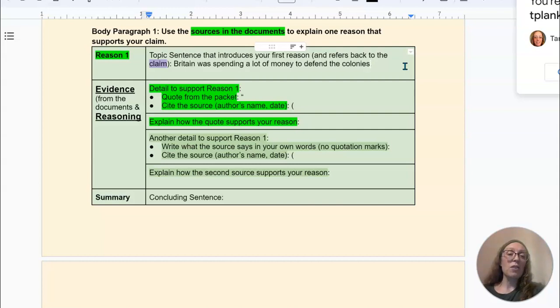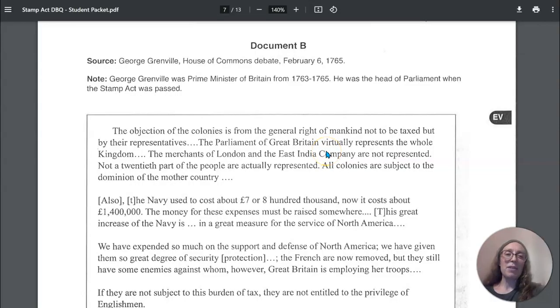Now, I have to find 2 quotes from primary sources. Thankfully, all of our documents are primary sources, so they are all good options, and they all relate to our compelling question. Those were already chosen for you, but you have to choose which ones to use to support your claim.